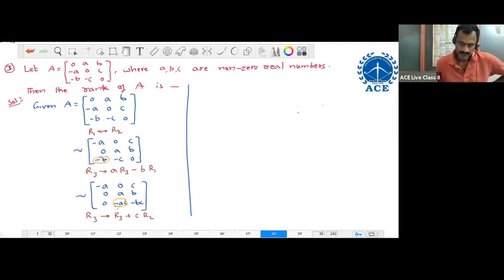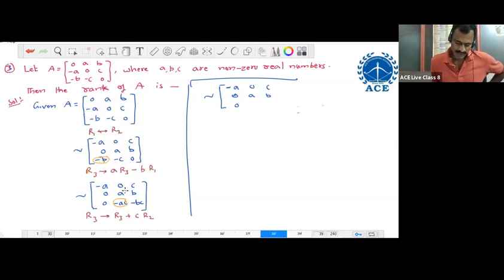Both have a, but c is not there here, so to get c here, multiply the second row with c and then add to the third row. Minus a 0 c, 0 a b, then 0, minus ac plus ac 0, and in R3, minus bc plus c into R2 b c is also 0.